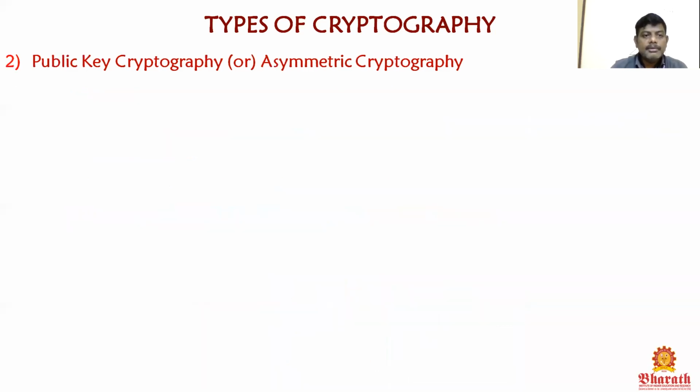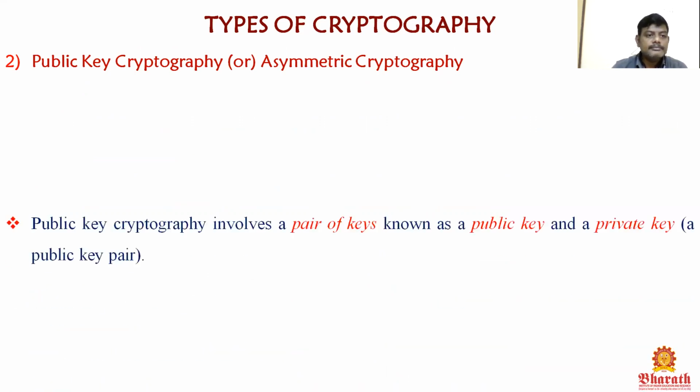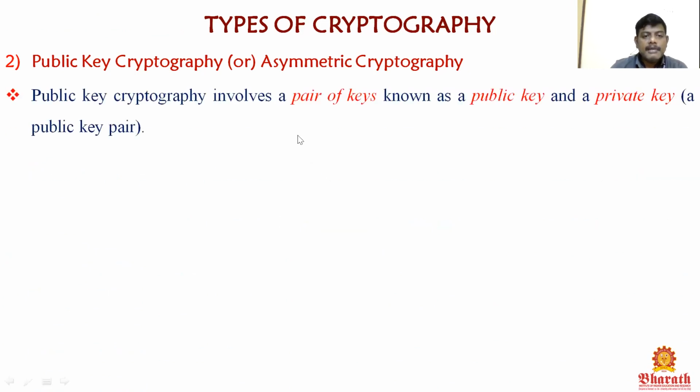The next cryptographic technique is public key cryptography, whose other name is asymmetric cryptography. I will tell you why the name came as asymmetric or public key cryptography. Public key cryptography involves a pair of keys.